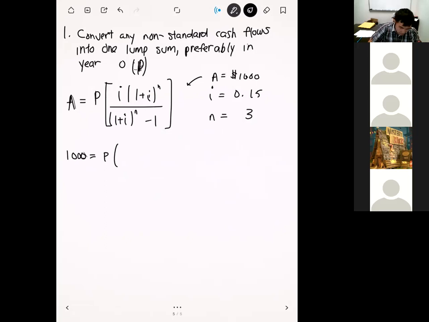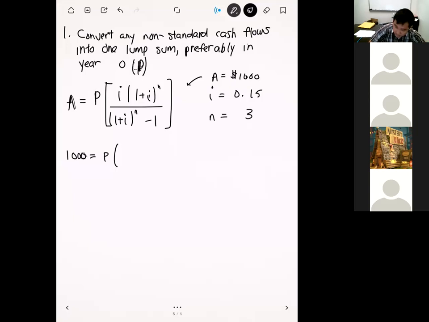Actually, let me use Google, that's a bit more reliable. 0.15 times 1.15 raised to the 3rd power, divided by 1.15 raised to the 3rd power minus 1.